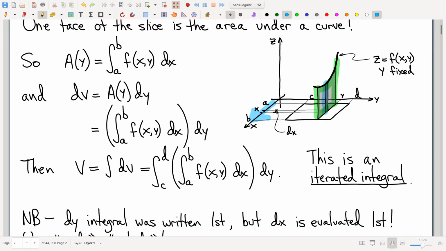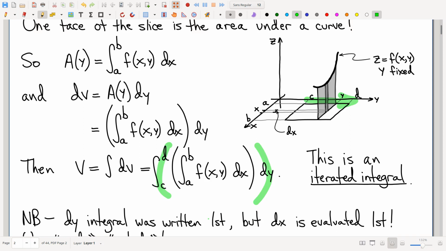So we slice, and then we slice our slice. Which order we go in, the fact that we did the y slices first in our slicing process, forces y, because it is the first part of our slicing process, to be on the outside, and therefore dx on the inside.